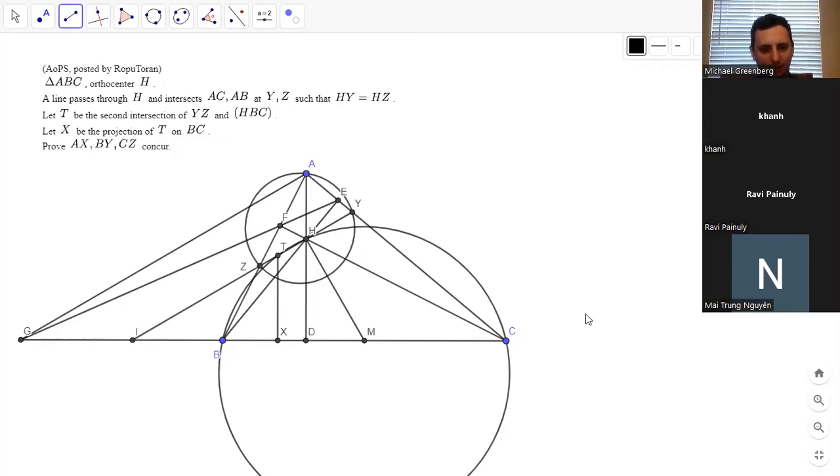Yes. So let's project from T onto the circle HBC. Can you let TX meet the circle at a point?